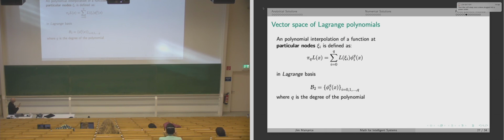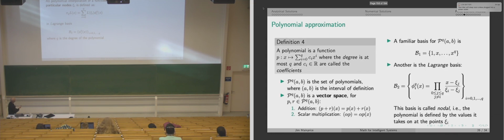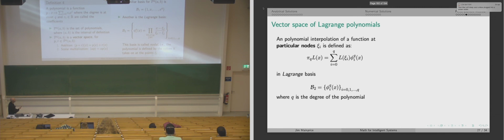Q is the interpolation order, meaning that it's the order of the Lagrange basis polynomials. So that's the Lagrange basis here, and we saw the shape of the Lagrange basis functions like that.